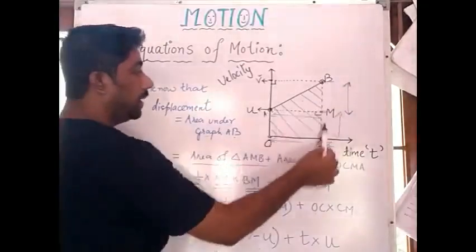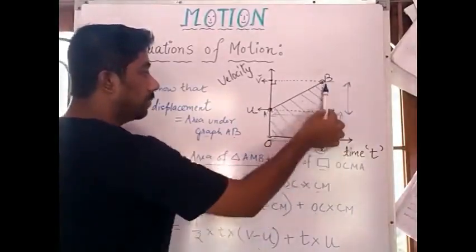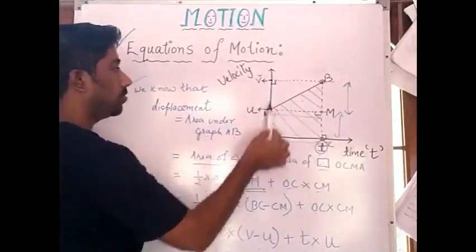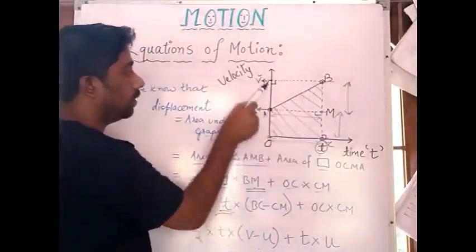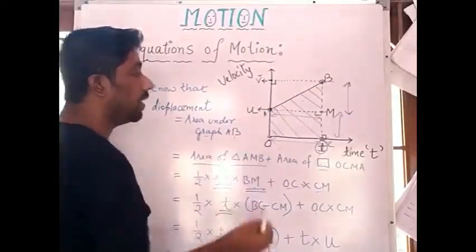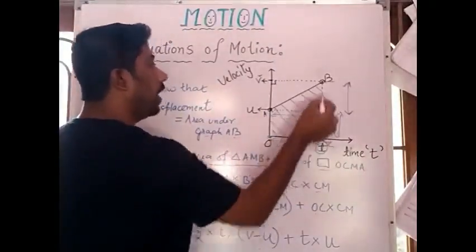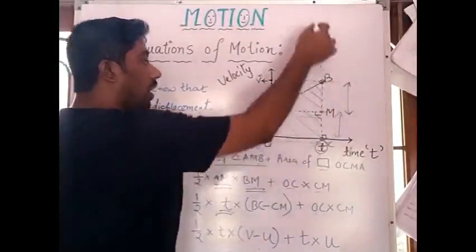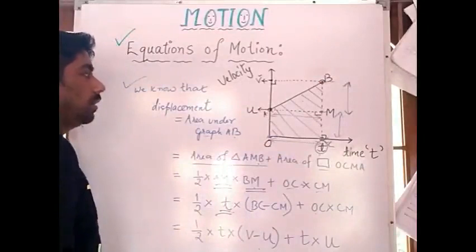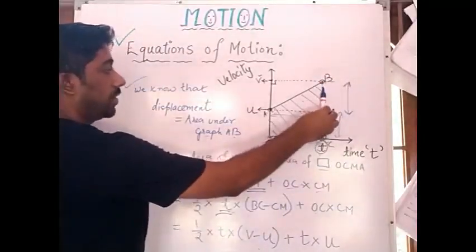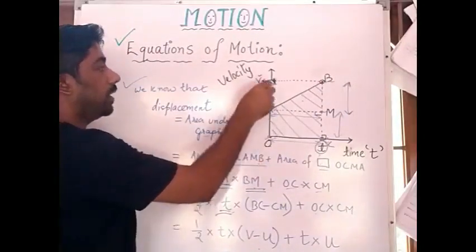Now BC, the distance from here to here. We are going in the upwards direction, along the y-axis, so BC will represent velocity.